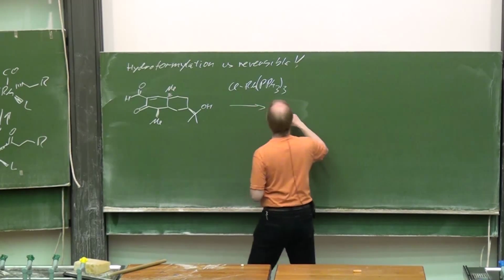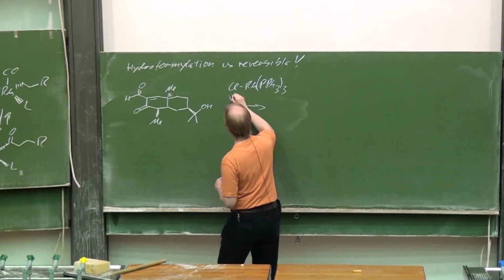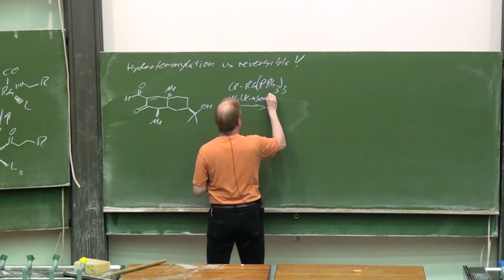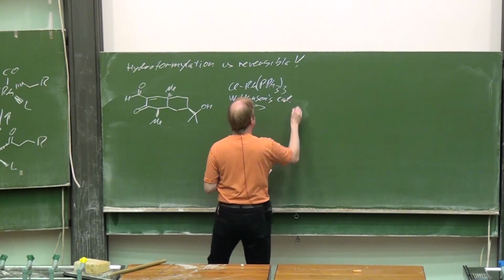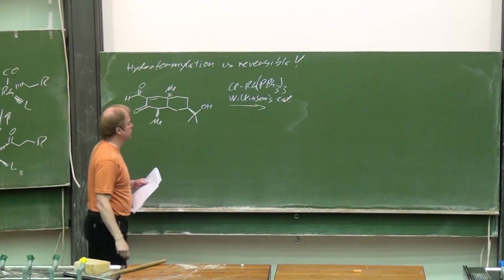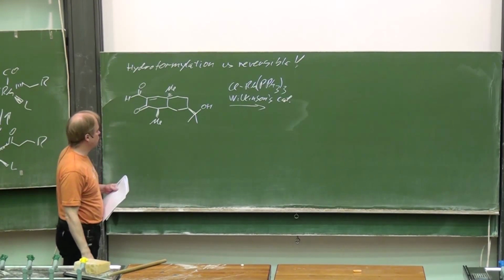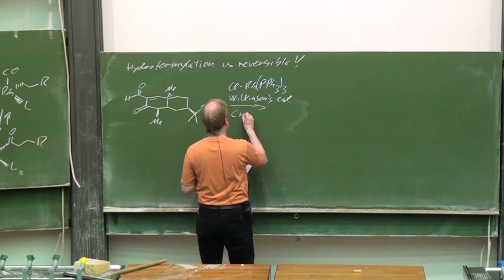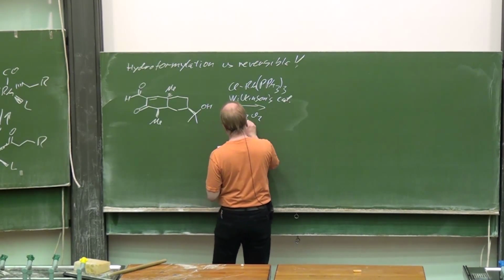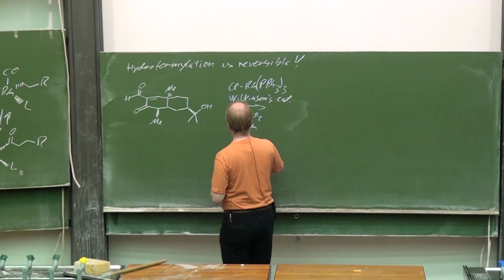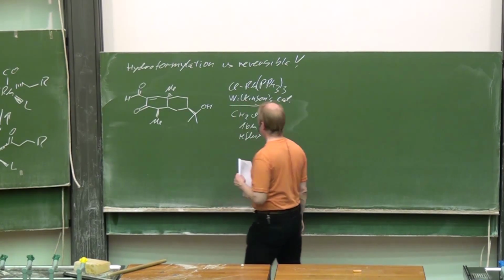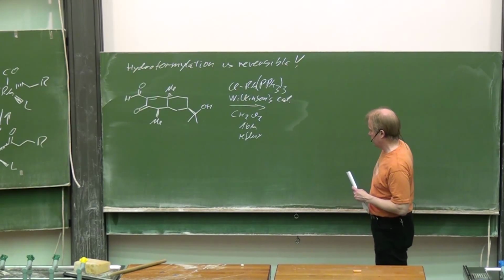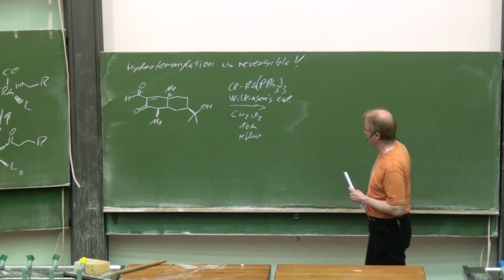By the way, this is better known as Wilkinson's catalyst, for instance an early catalyst for hydrogenation reactions. Dichloromethane, 16 hours reflux, so this is not very hot, 35 degrees, if I remember correctly.